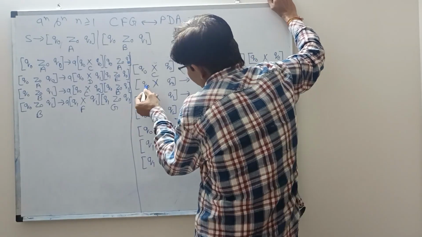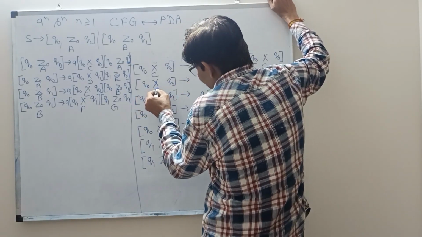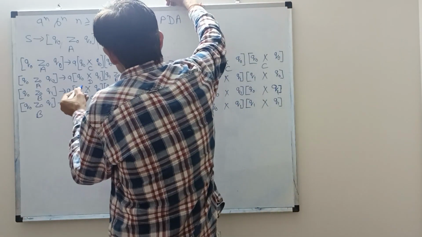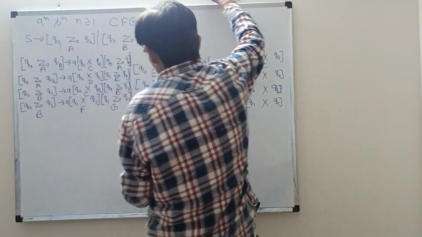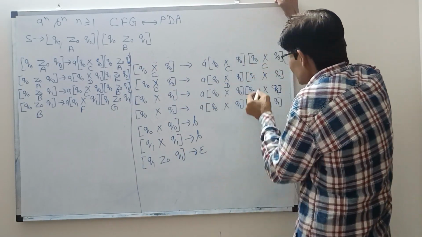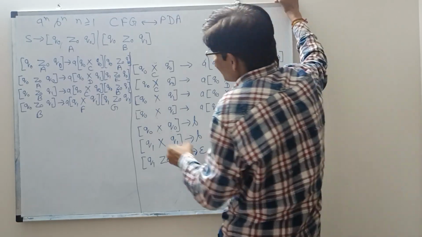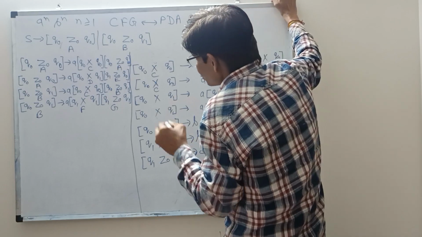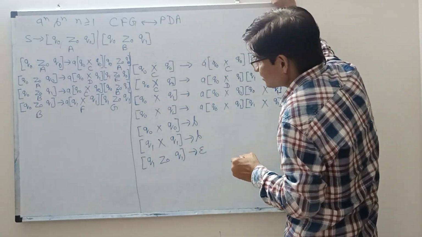Now Q0 x Q0, so again we have C. Q0 x Q1, we have given it the name D. Then Q1 x Q0, we have not given any name here, so I can represent it as H.